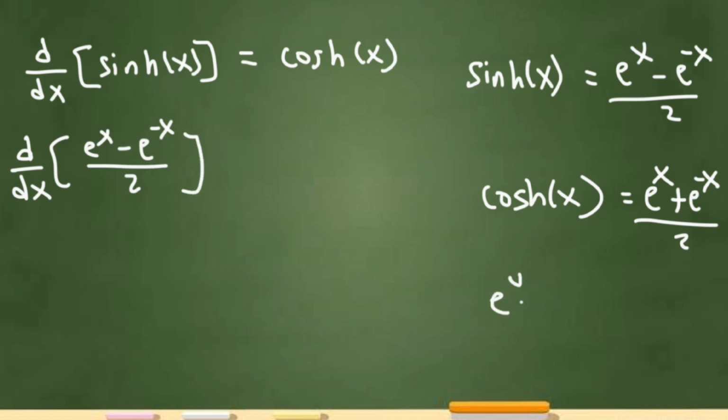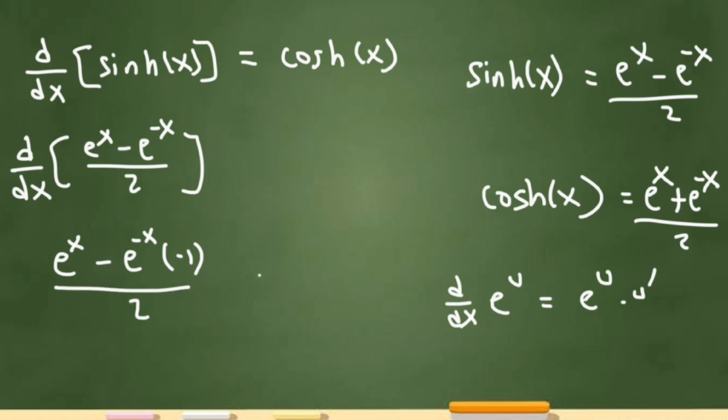The derivative of e to the u is e to the u times u prime. So the derivative of e to the x is e to the x times the derivative of x, which is 1. So that's just e to the x. The derivative of e to the negative x is e to the negative x times the derivative of negative x, which is negative 1.